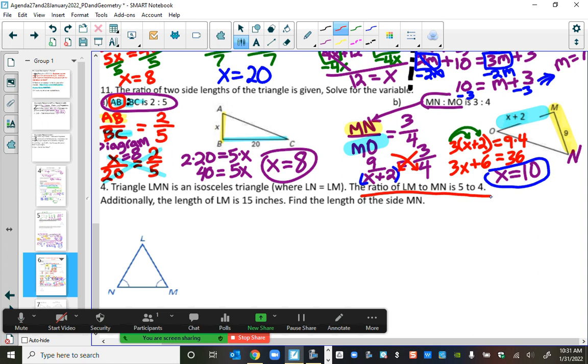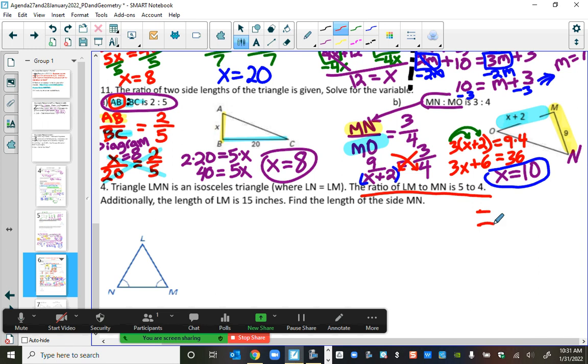That's the first part. So, given this sentence right here, how are we going to set up the first part of our proportion? L to M, LM to MN.